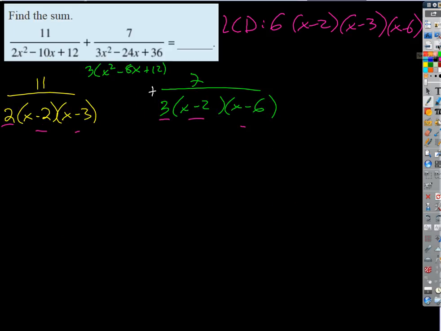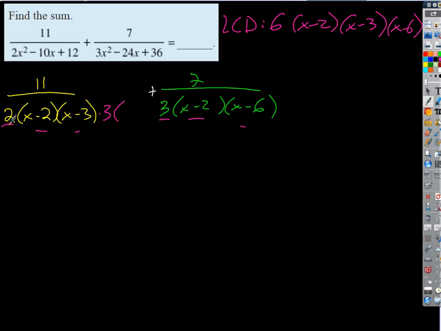Okay, so then on this one, remember what you always want to do with these, just like with numbers: decide what you have to multiply the bottom by to get the common denominator, and then you do the same to the top, right? So what would we have to multiply the first fraction by to get my LCD? Yeah, I'm going to have to have a 3 to get a 6, right?